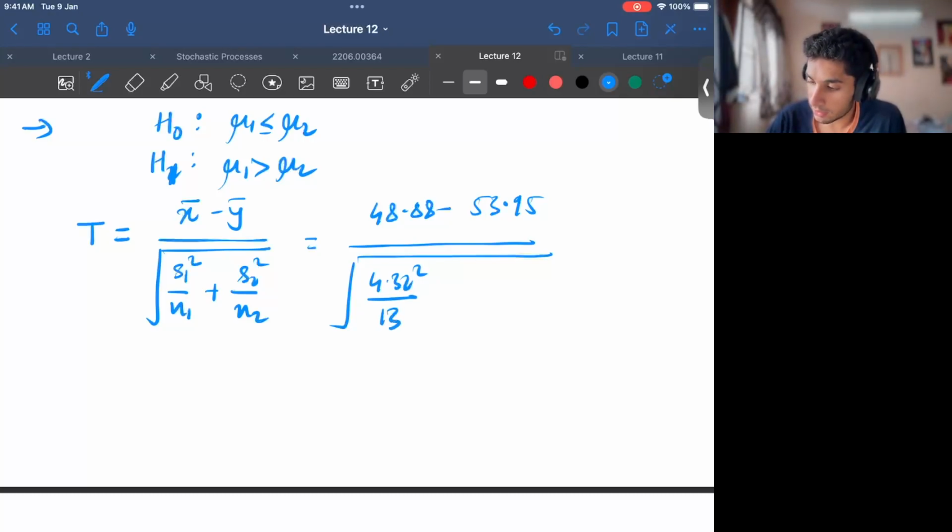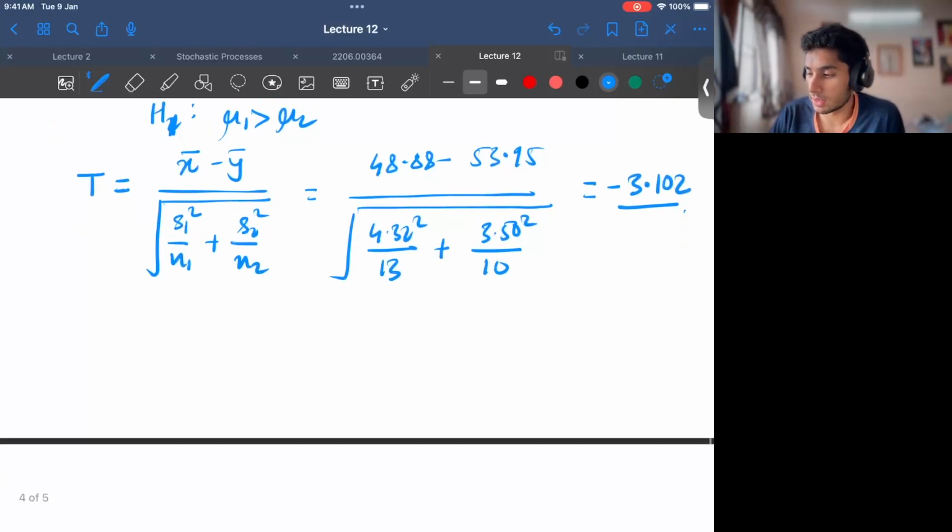N1 is 13, that you can count. Plus S2 square, that is 3.50 square, divided by N2. N2 is 10, right? So this is what your test statistic will be, right? And if you calculate this, this comes out to be minus 3.102. This is what you get.